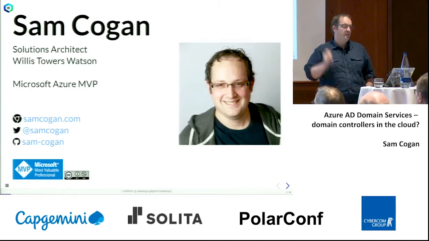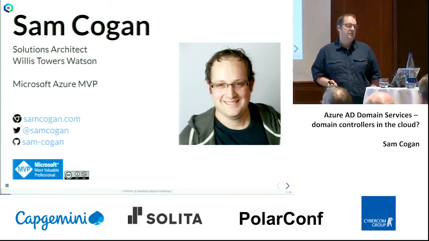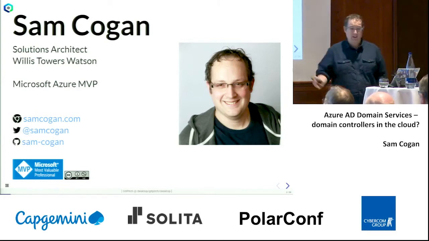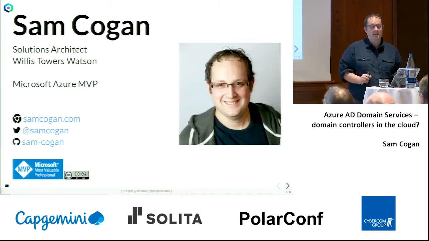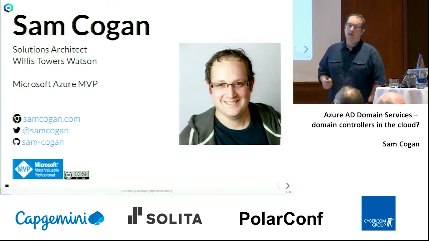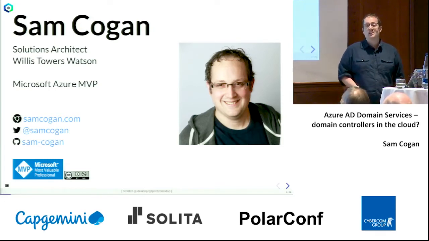Now, as I said, I work for a company called Willis Towers Watson, a financial services company. The bit I work in is around actuarial modeling, which is modeling risk, catastrophes, those sort of things. I don't know anything about that, I just work in the IT bit, but that's what they do. And I have the pleasure, because of that, of having to work with an awful lot of legacy applications, things that are possibly 10, 15 years old.